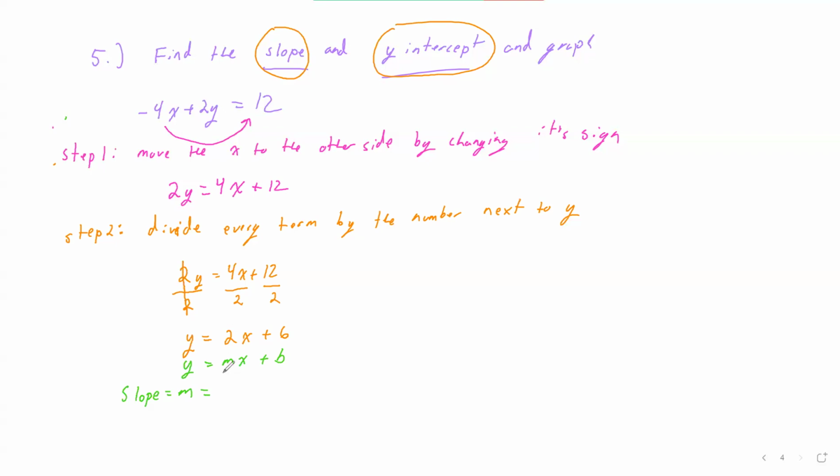Remember, m represents slope. So my slope here is just 2. So after we do this two-step process, the number that's next to the x, that's why I had you put the x first, so it's in this mx plus b format, is my slope. So slope is 2.